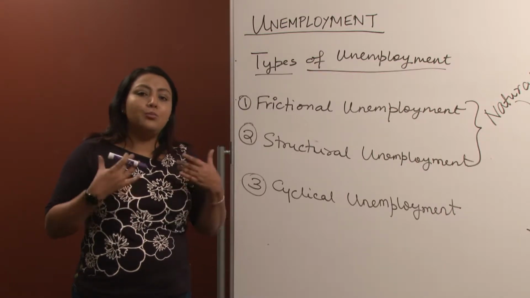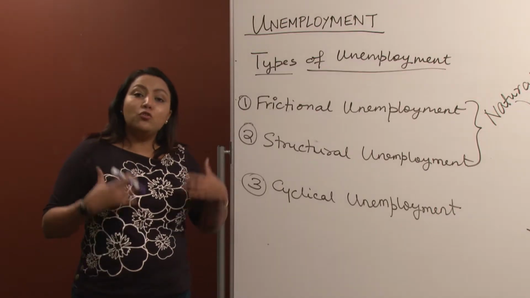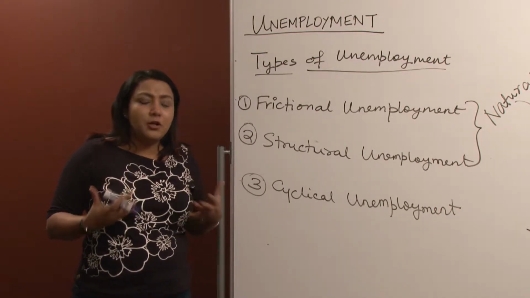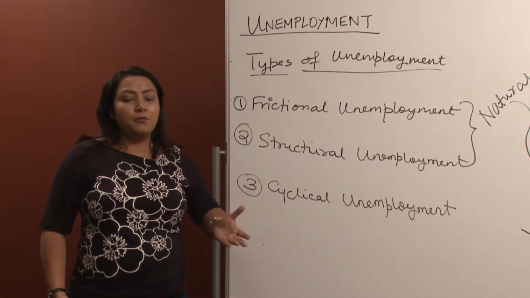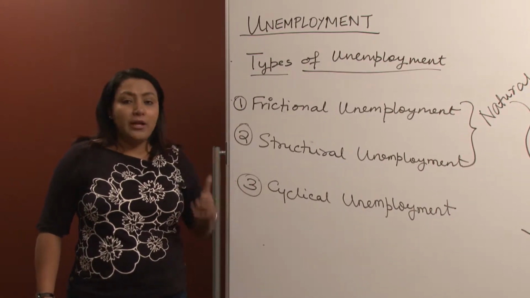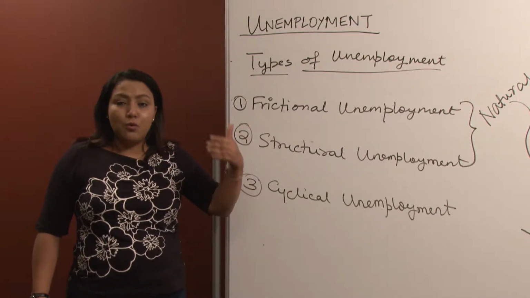Then I would be considered a frictionally unemployed person, because why I am unemployed is not because there are no jobs available, but because I am trying to match my skills to the best possible job that I want to take up.